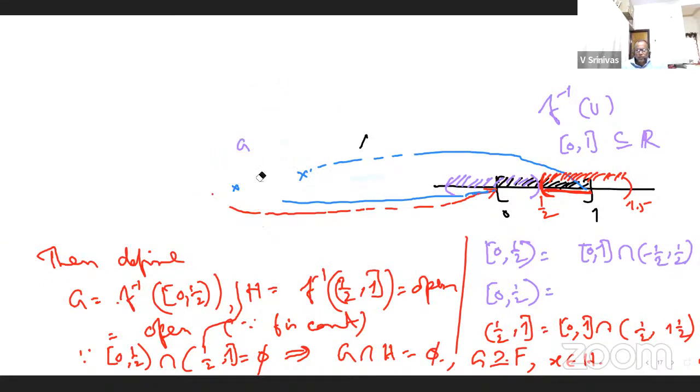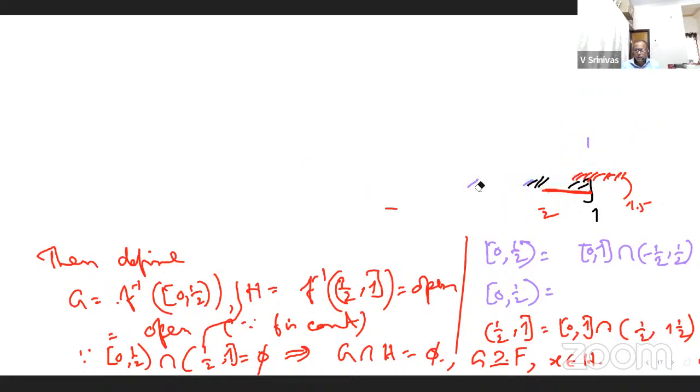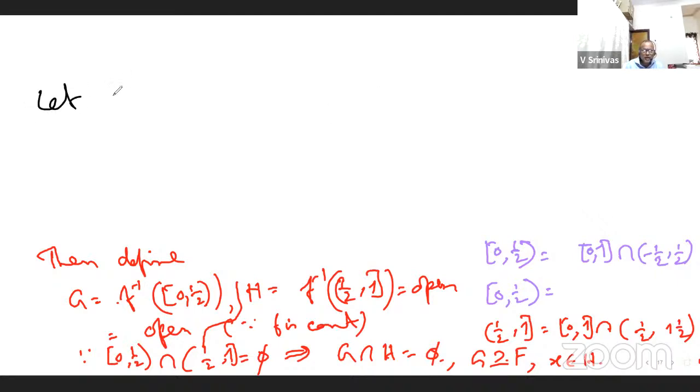We had to show that tau is closed under arbitrary unions. So you take an arbitrary collection of open sets from tau. Let G lambda belong to tau, where lambda belongs to script lambda.